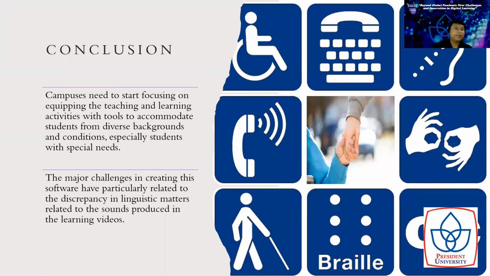So, in conclusion, campuses, of course, need to start focusing on equipping the teaching and learning activities with tools to accommodate students from various backgrounds and conditions, including students with special needs. However, the major challenges in creating this kind of software are particularly related to the discrepancy in linguistic matters.